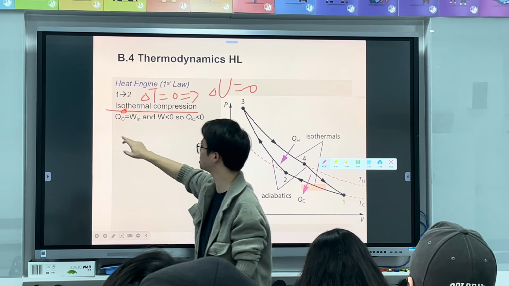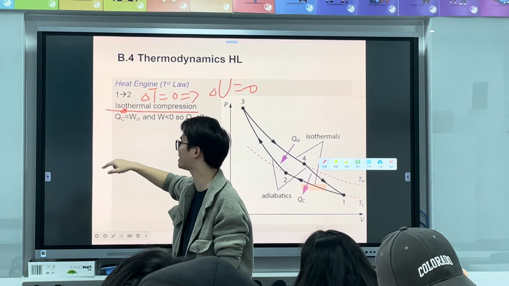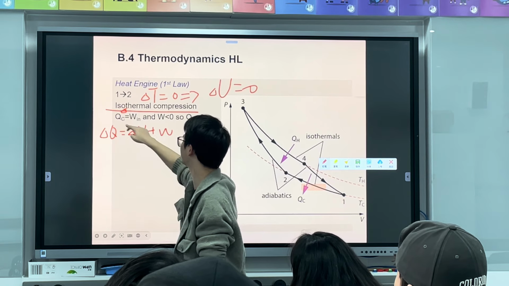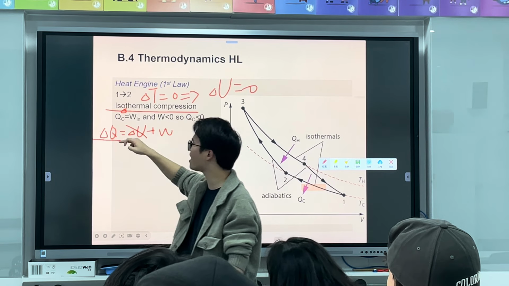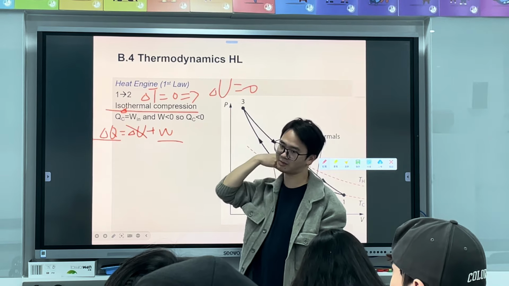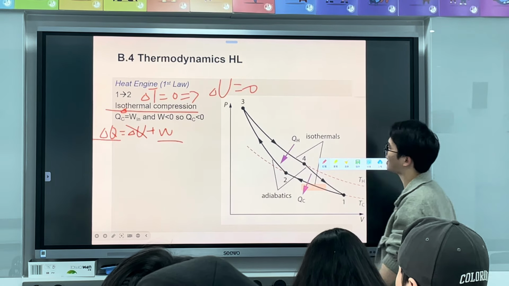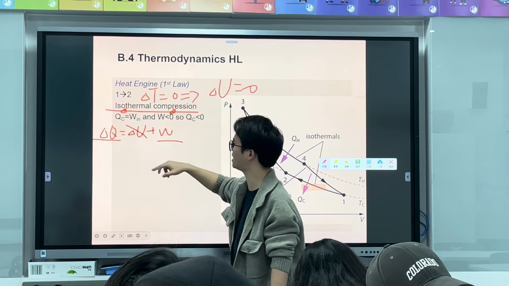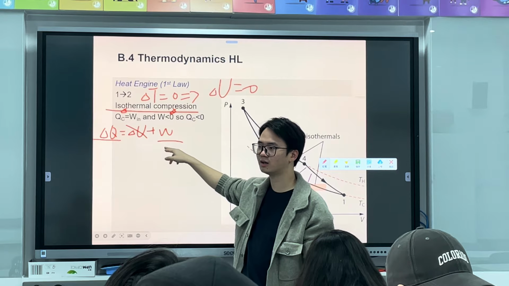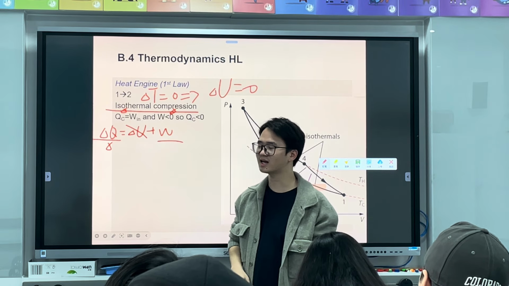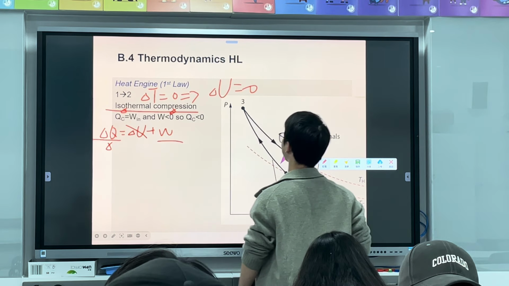If delta U doesn't change, according to the first law of thermodynamics, delta Q is equal to delta U plus W, and delta U is 0 and goes away. So all the heat that you absorb will become the work done, right? Now, since it's compression, the work done will be negative. So the heat is negative as well. Alright.